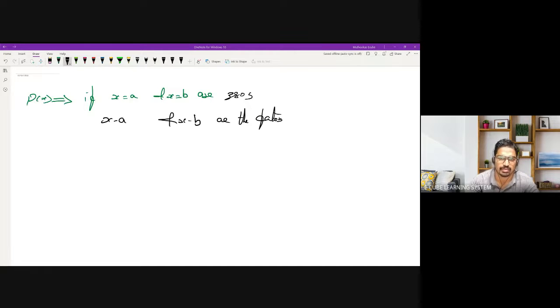I hope the concept is clear for everyone. Clear or no? Clear. Now, suppose zeros are provided, just take the zero values to the left side. For a particular example, for a polynomial p of x, x equal to 2 and x equal to 3 are zeros.